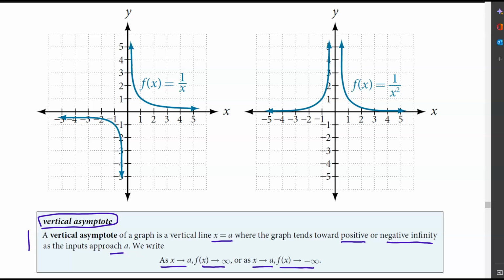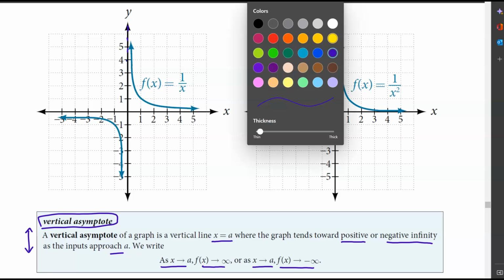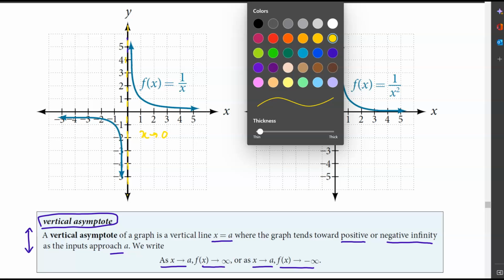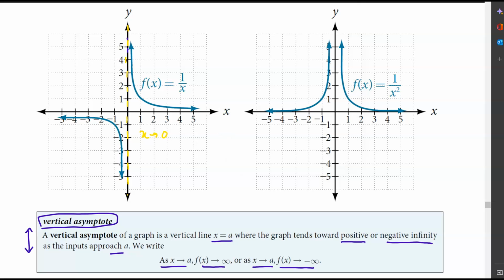So for a vertical asymptote, we're looking at an asymptote like this. Let me change colors here so you can see it. We have a vertical asymptote here. As x approaches 0, and I know that the color is not the best to see, our function f of x approaches infinity on one end and approaches negative infinity on the other.